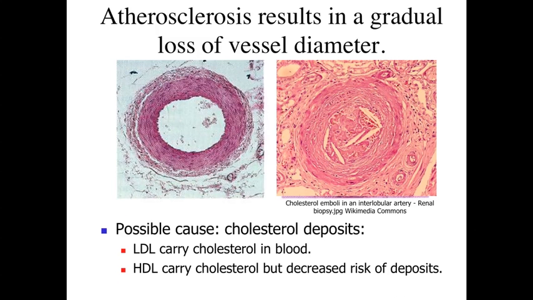So if we take a look at this, and this is a muscular artery in both cases. On the left-hand side, we've got a relatively healthy muscular artery. On the right-hand side, we've got a cholesterol embolus. And so we're essentially looking at what happens when you start to accumulate atherosclerosis, you start to accumulate these deposits.